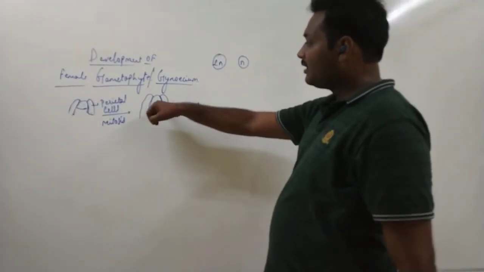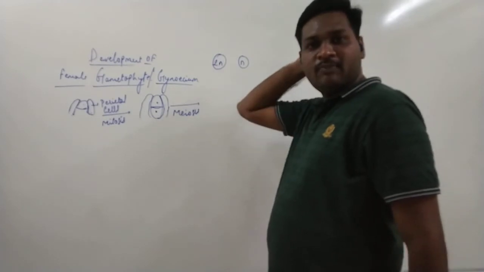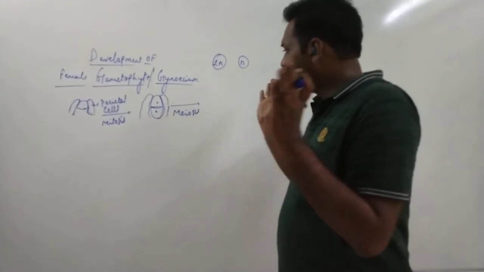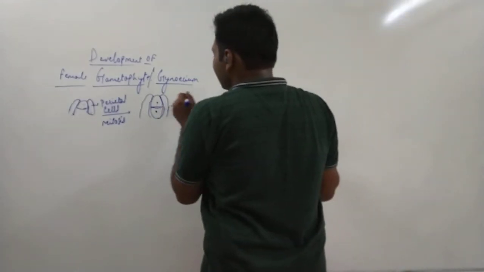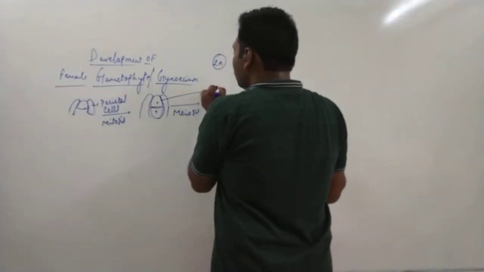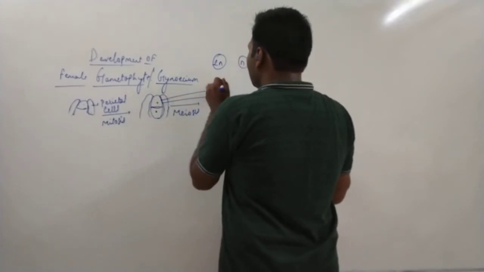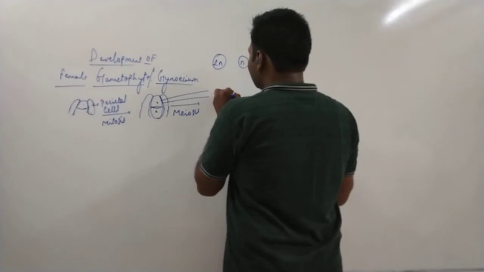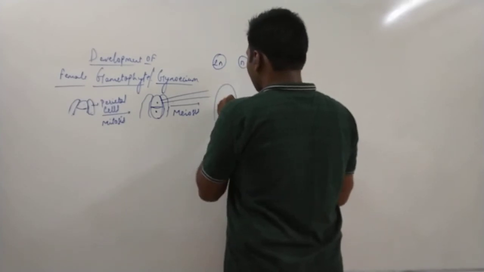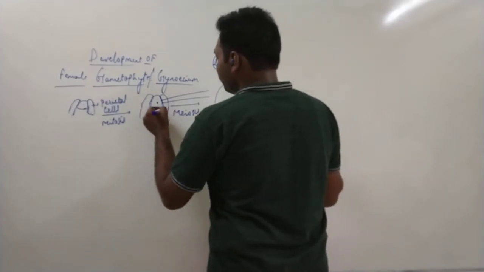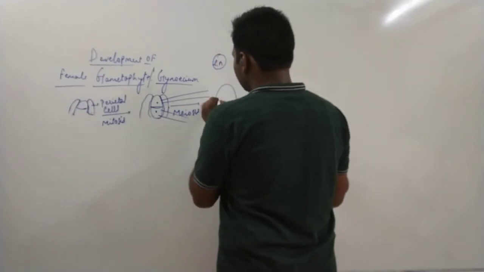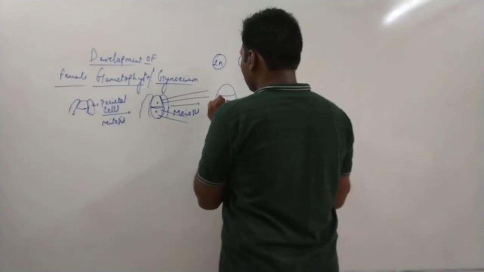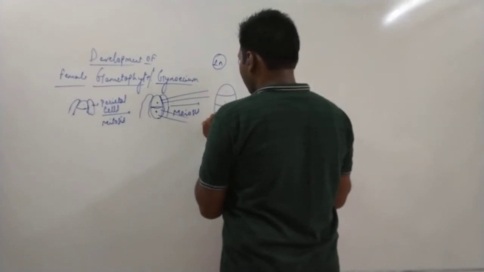Here the diploid stage will divide into two different forms. This will form two haploid cells, and this will form two haploid cells. So 1, 2, 3, 4.